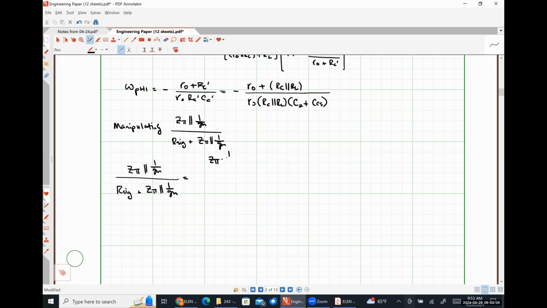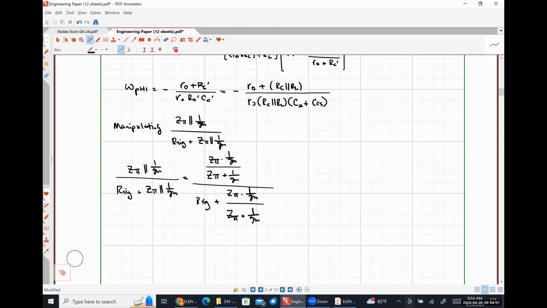Z pi times 1 over gm divided by Z pi plus 1 over gm, divided by R sig plus Z pi times 1 over gm divided by Z pi plus 1 over gm.